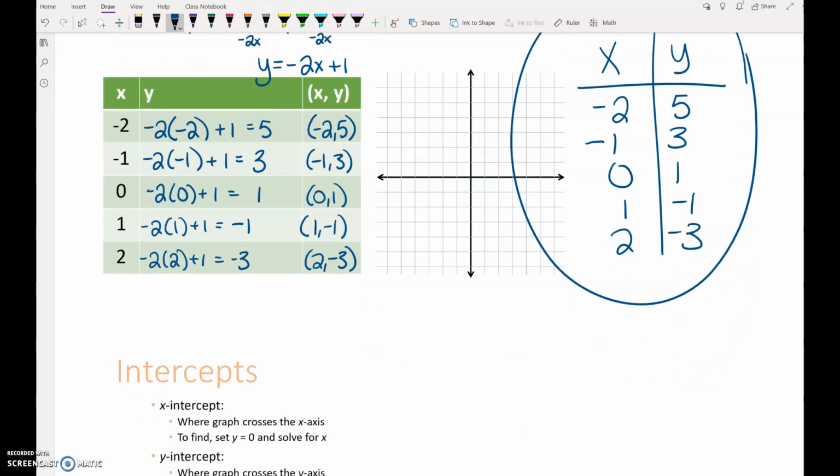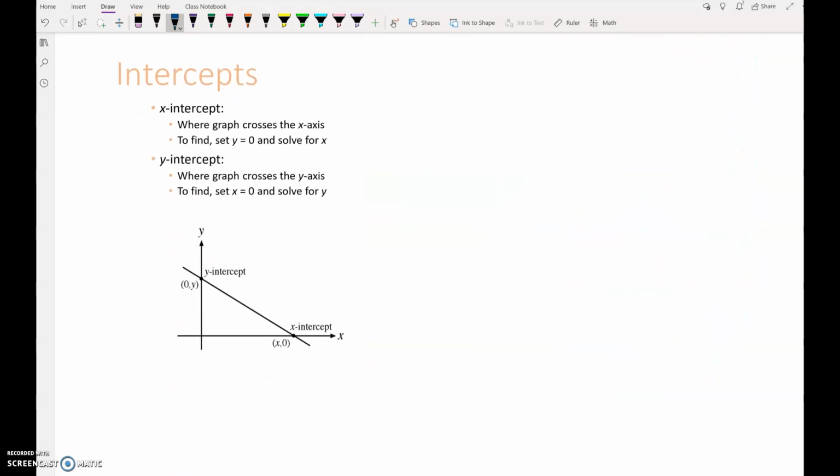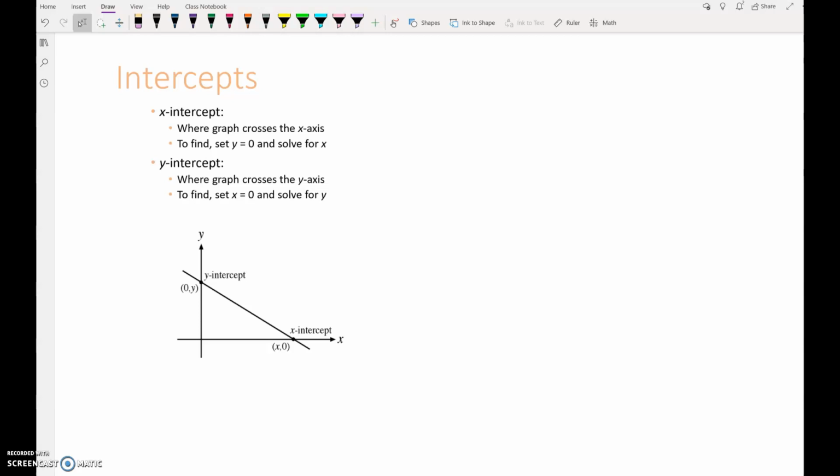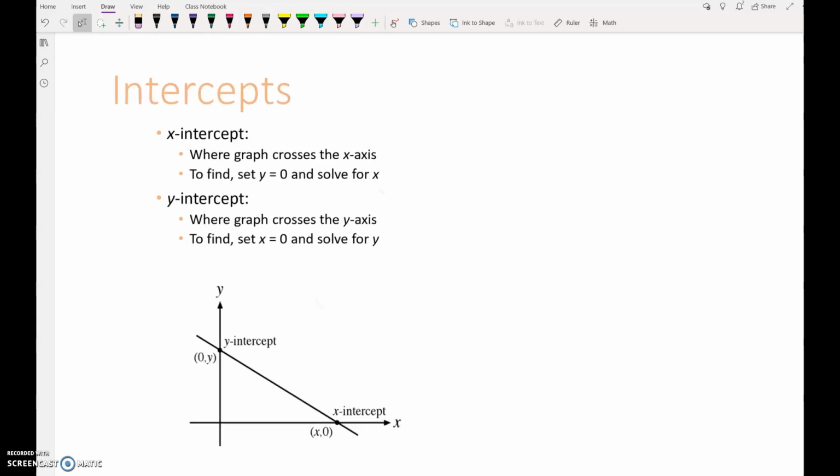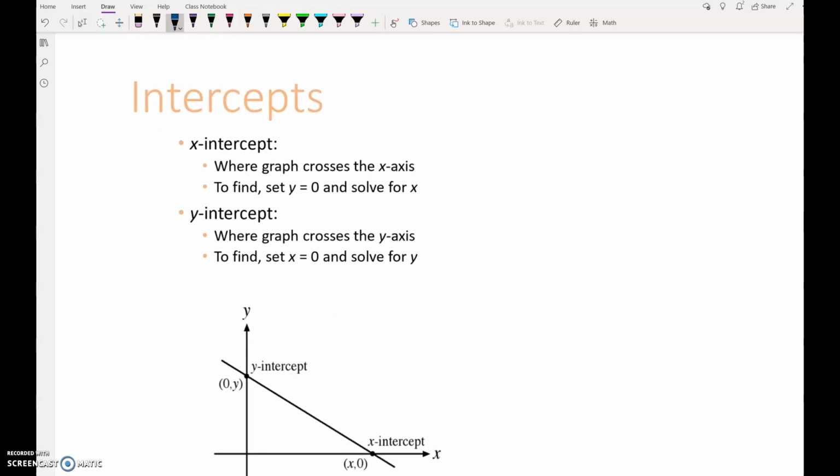Next, we're going to talk about intercepts. Sometimes intercepts are things that we don't really care about. Sometimes they're really, really important. What I want you to remember, and I want you to write this onto the slide of your notes, the x-intercept is always some number, comma, 0.